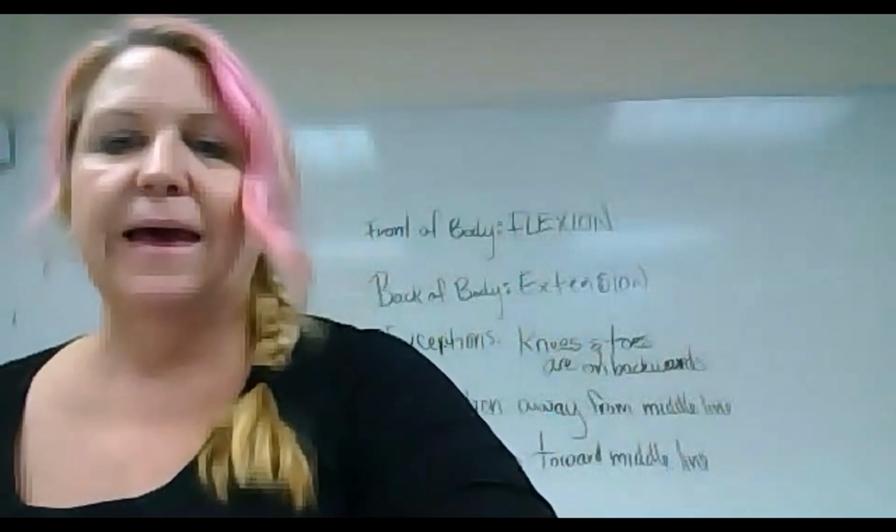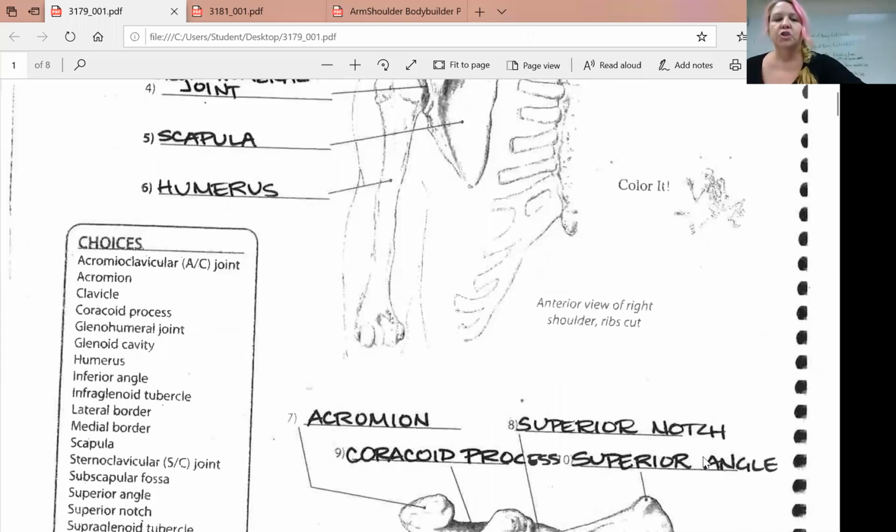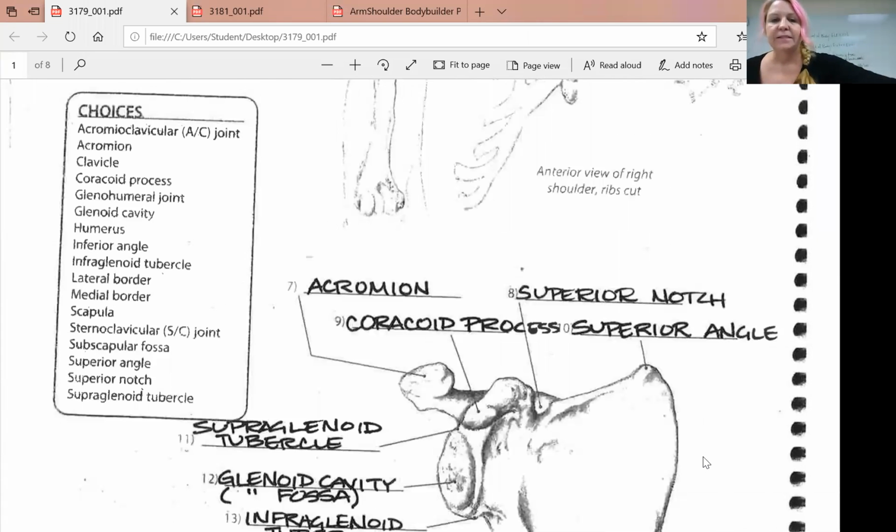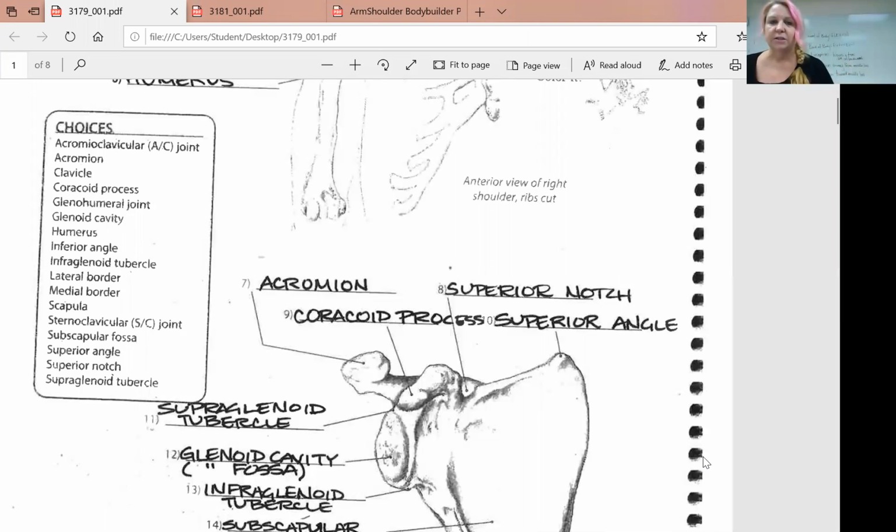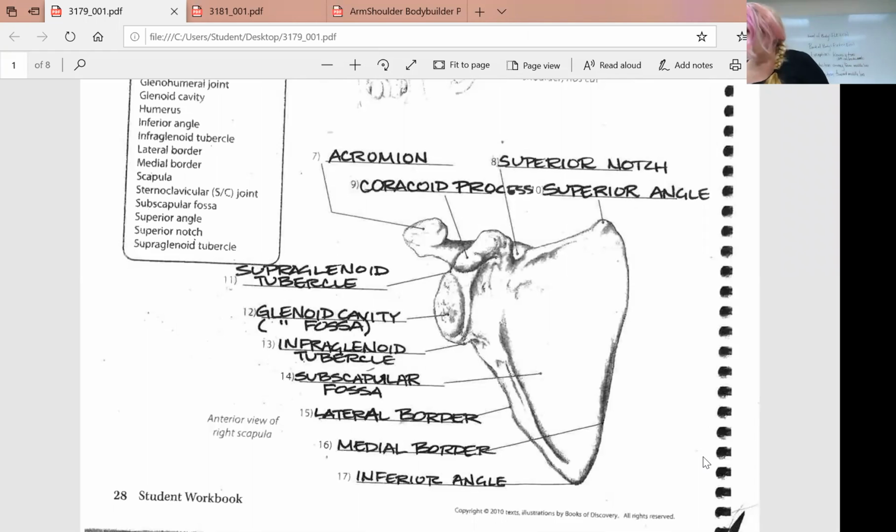All right, so going back into our diagrams then, we are moving down to just the scapula itself here. We are starting to dissect that just a little bit more with those bones and bony landmarks here. And you can find your scapula on page 49. And there you can see number 7 is that acromion that we were talking about for that acromioclavicular joint.